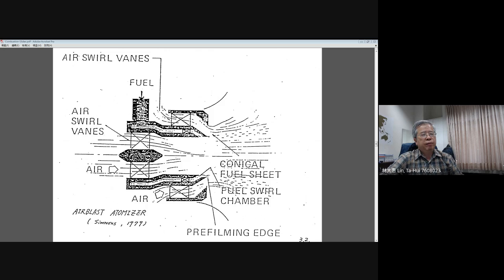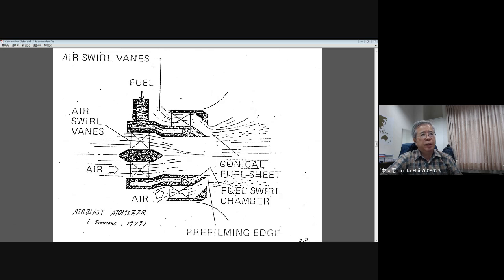Now the fuel is coming from this side and the air is coming from the center, flowing straight. Then you will see the first mixing position occurs here. Fuel mixes with the air at this location, which is the inside of the injector. That means you will have the so-called inner mixing occurring here. Now, after the inner mixing, the flow comes out, then they mix again with air.